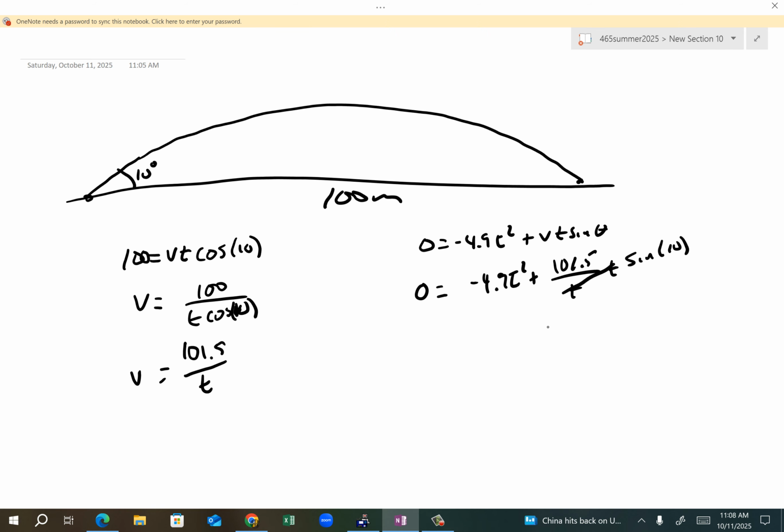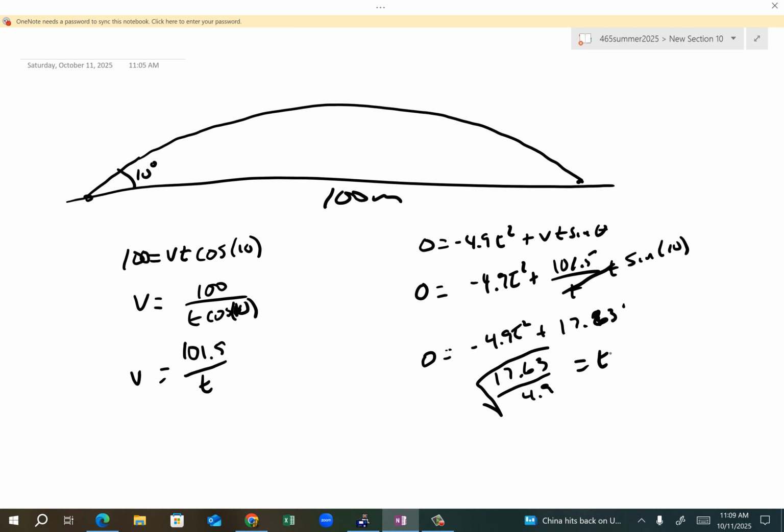That's 17.63. So if you do this, you're going to get 0 equals negative 4.9 t squared plus 17.63. And then if you set it equal to 0, you get 17.63 over 4.9, square rooted.